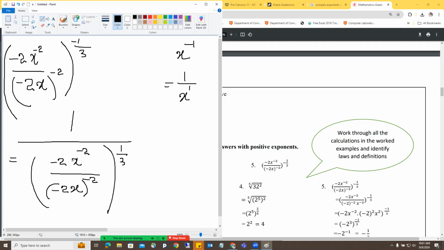The easiest way is, you can see, right? x to the power of minus 1 means actually 1 over x, no? So that means we have to take the reciprocal of this one, and the power will be reciprocal.